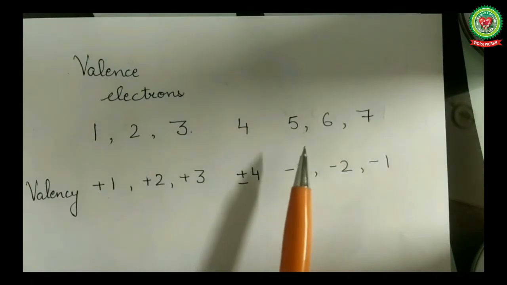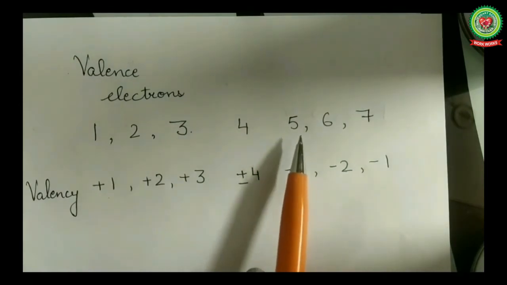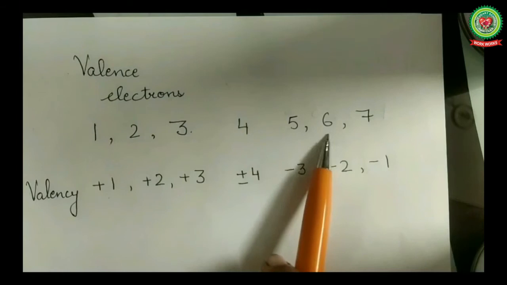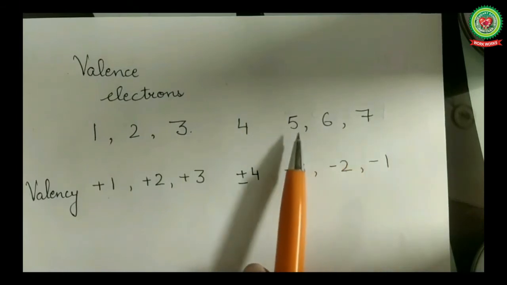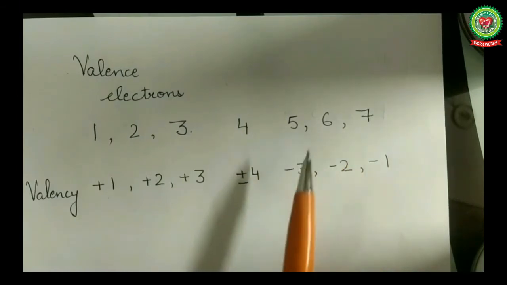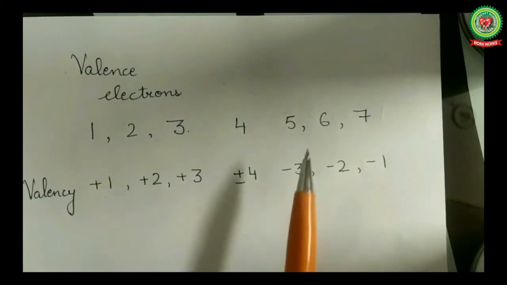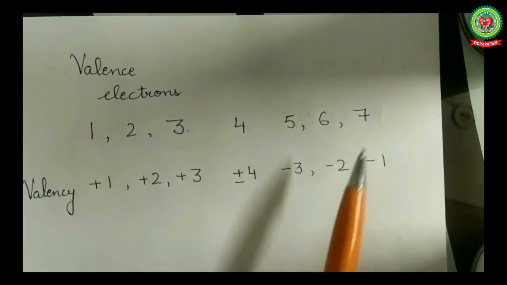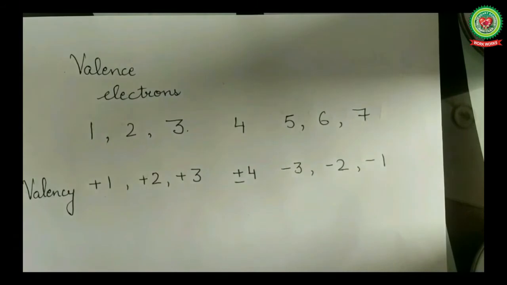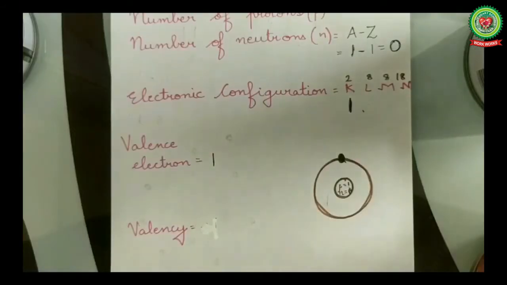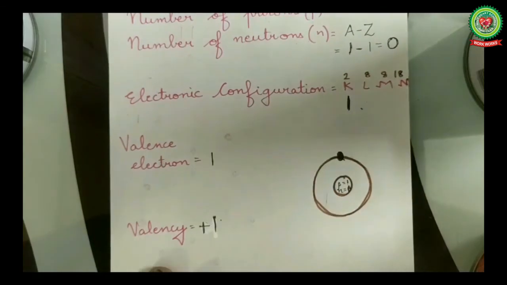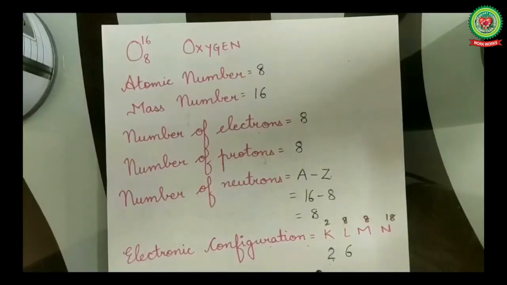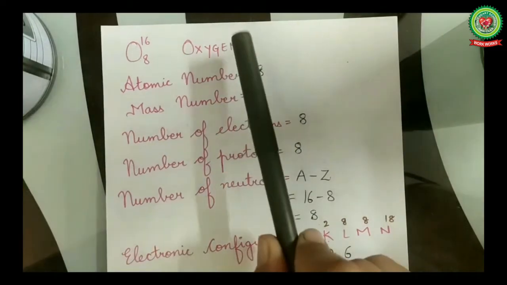And for the atoms whose valence electrons are 5, 6, 7, the valency is -3 for 5 valence electrons, -2 for 6, and -1 for 7. So the valency of hydrogen becomes +1. Now the next element we are going to discuss is oxygen.